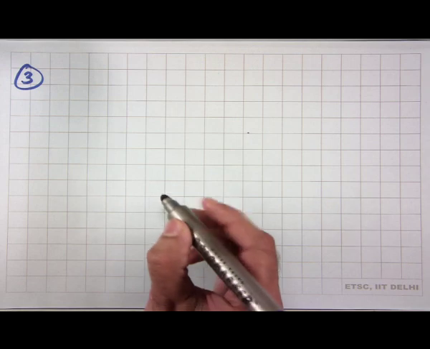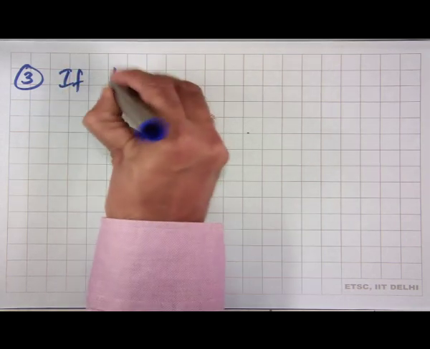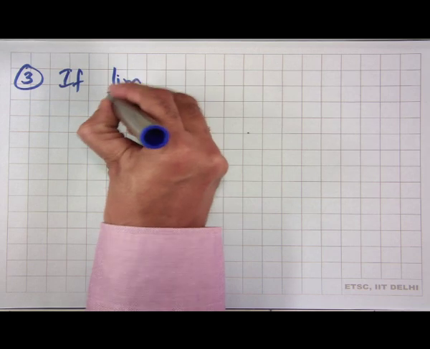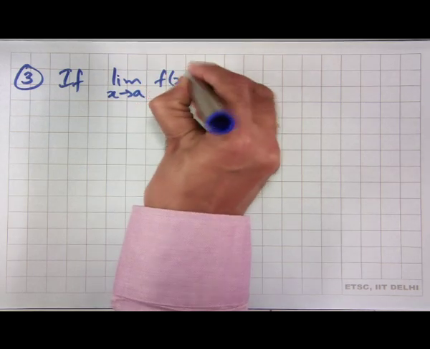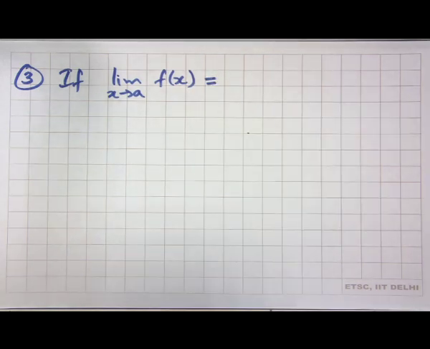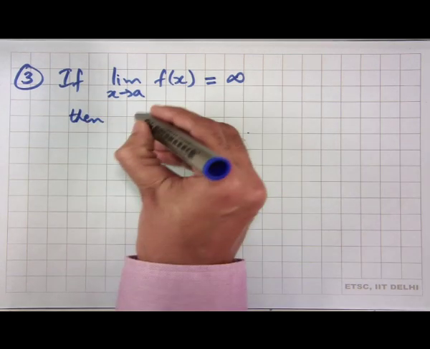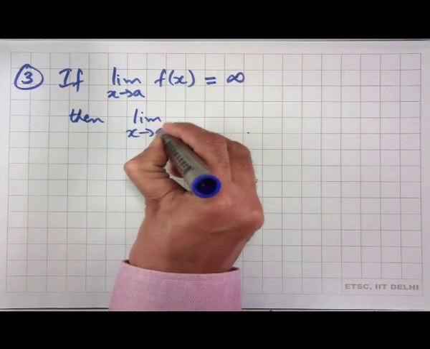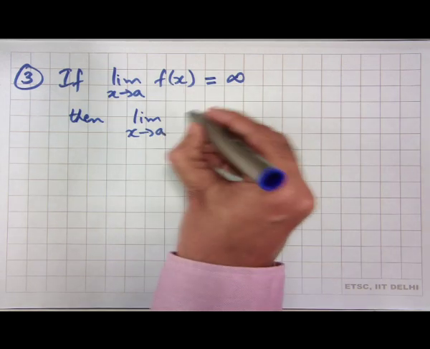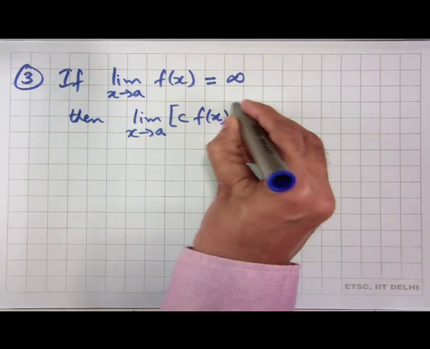Similarly, you can ask: suppose the limit of x going to a of f x is equal to infinity, then what can I say about the limit of x going to a of a constant c times f of x?